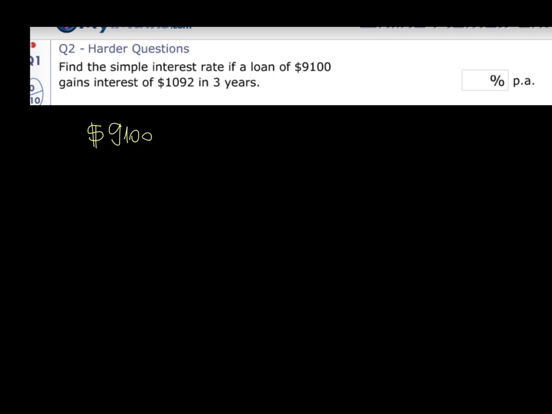And you need to pay back the 9,100, but you also need to pay back the interest, which is 1092 for 3 years. Now, being simple interest, the same happens every year.